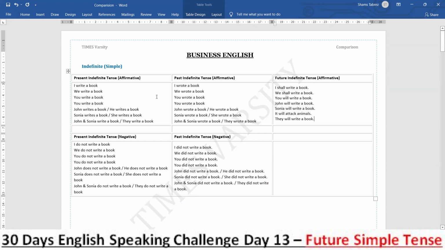Now, in a present indefinite affirmative sentence, we say, I write a book. Anyone would like to translate and read?